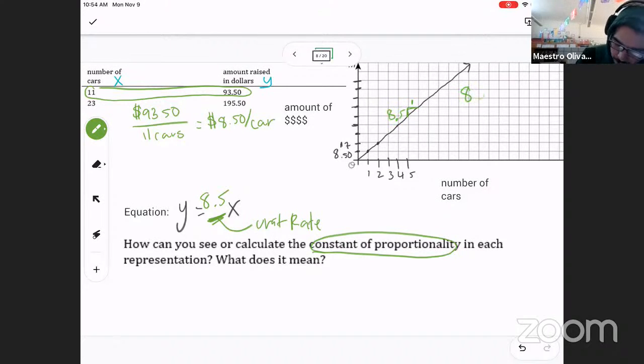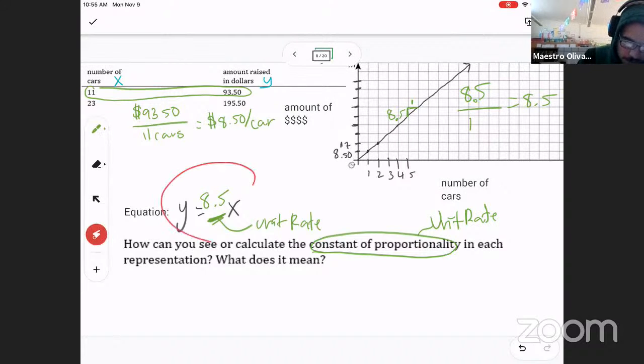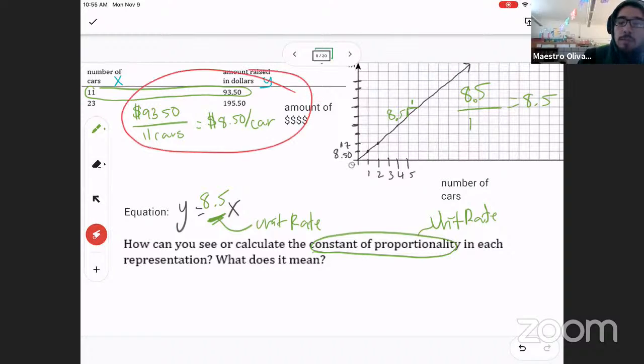So 8.5 divided by 1 is 8.5, which is your unit rate. So this constant of proportionality shows up in the equation, on the graph, and on the table when you divide.